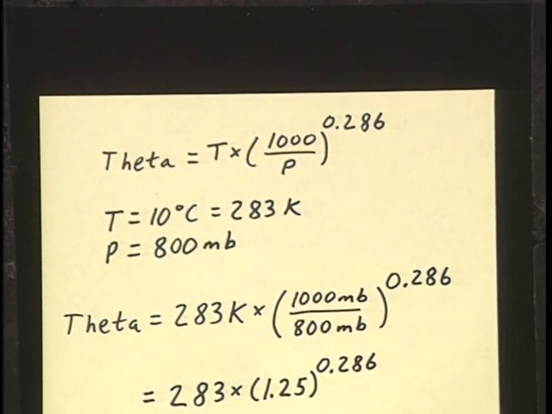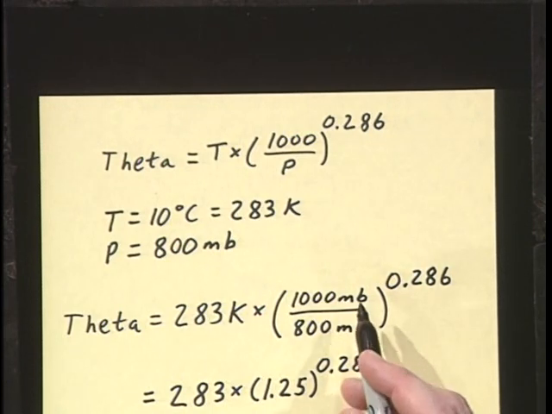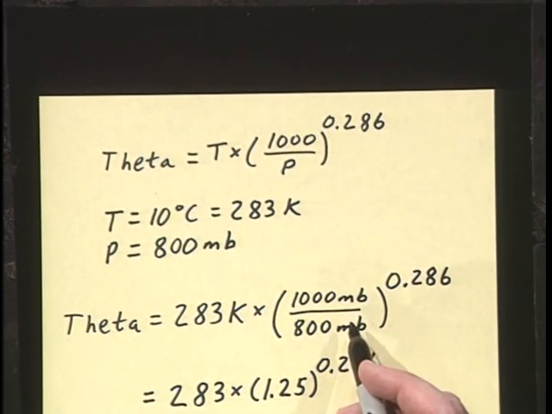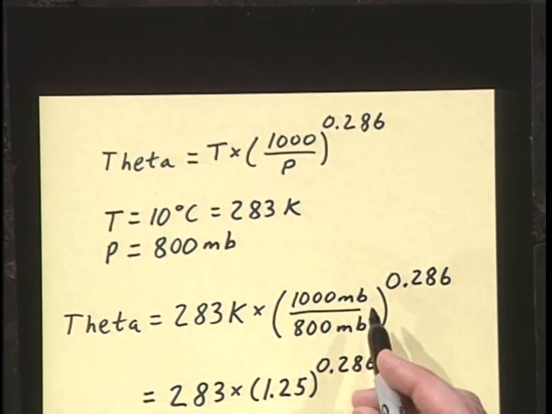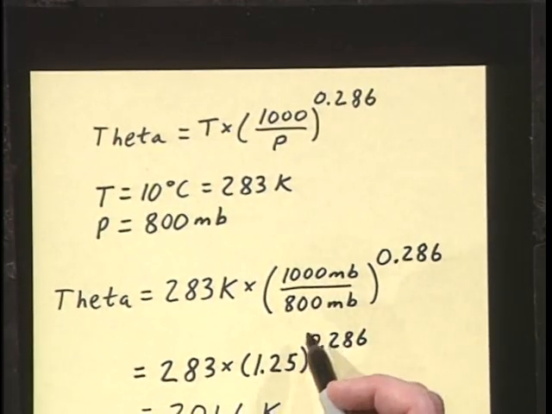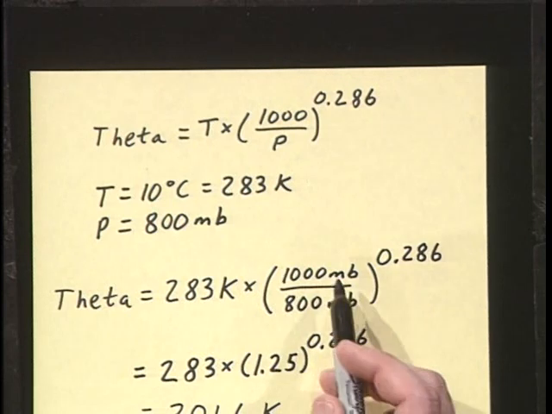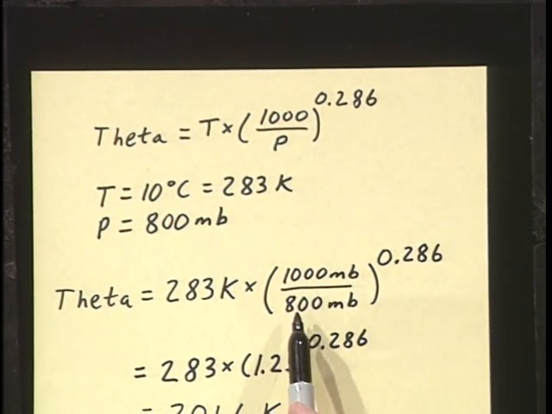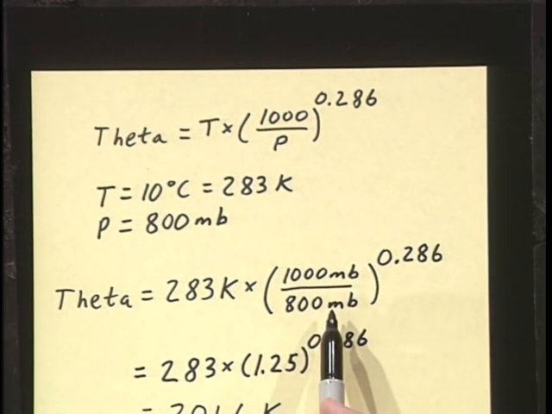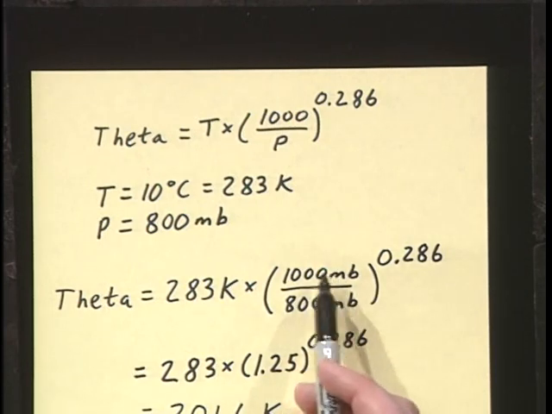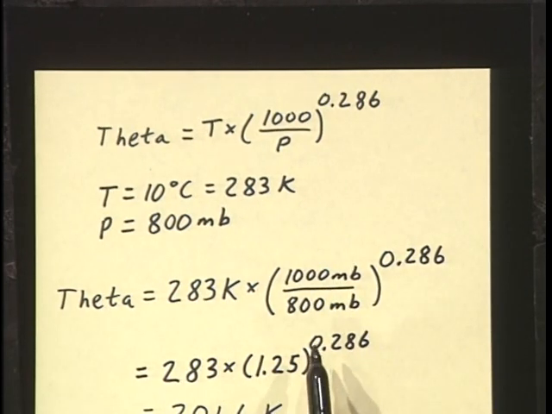I've mentioned that usually the pressure in equations is going to be written in the units of pascals. But in this situation, it doesn't matter whether it's in pascals or in millibars, because you're simply finding what the ratio is of those two numbers. So even if you wrote both of these numbers in pascals, by multiplying each one of them by 100, you'd still end up with the exact same number.